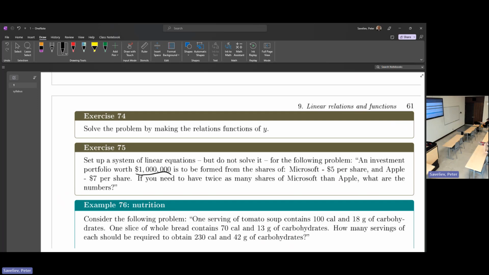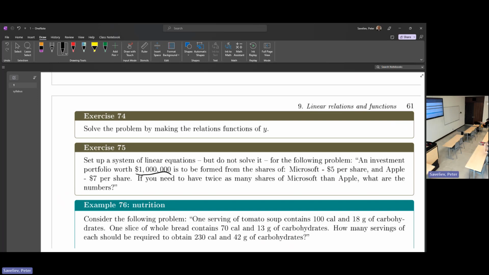So can anybody give me the first equation for the problem? Setting up the problem once again without solving it.